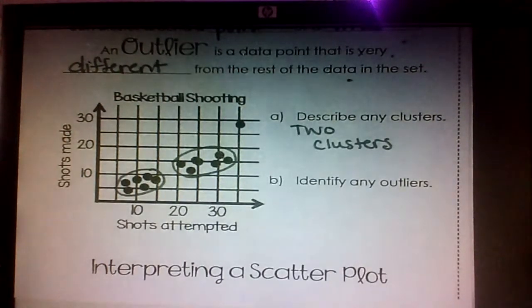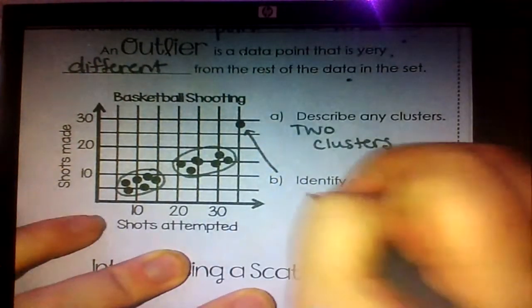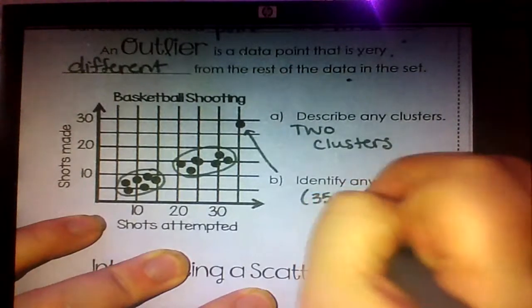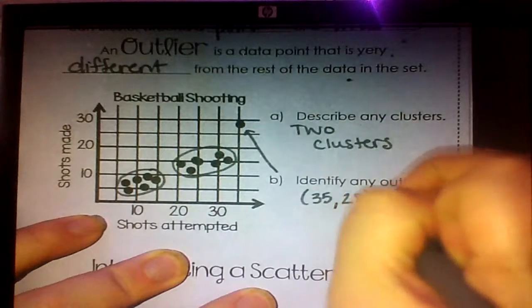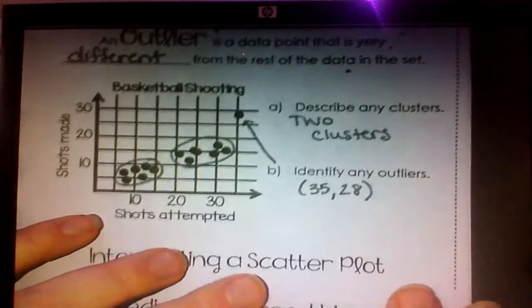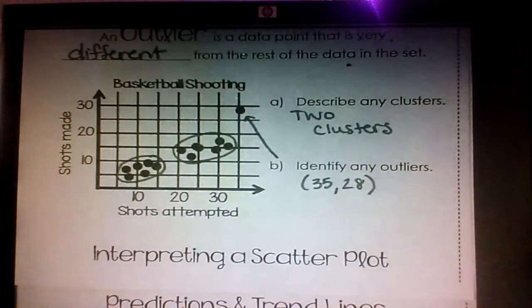Okay, so Husto said yes, I have an outlier. This is my outlier at 35, comma, that looks maybe like 28 or 29. You really can't tell.